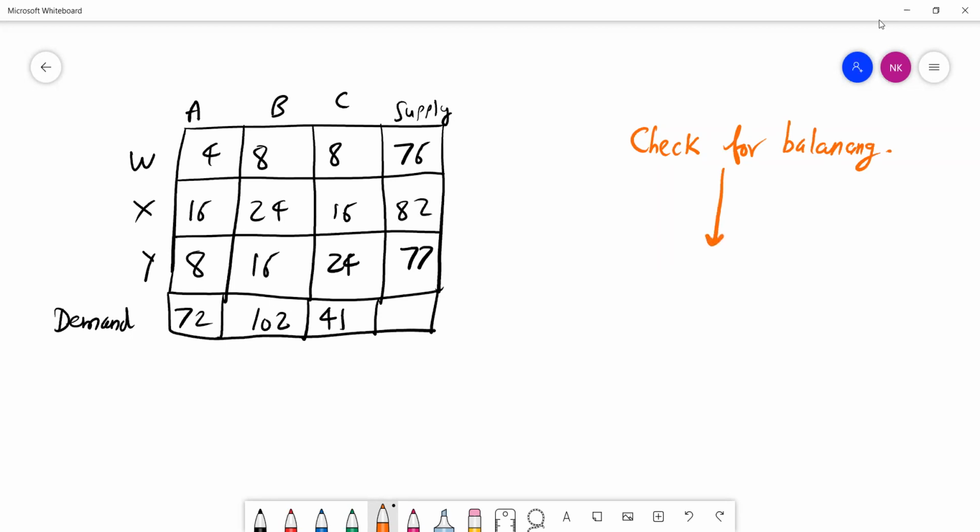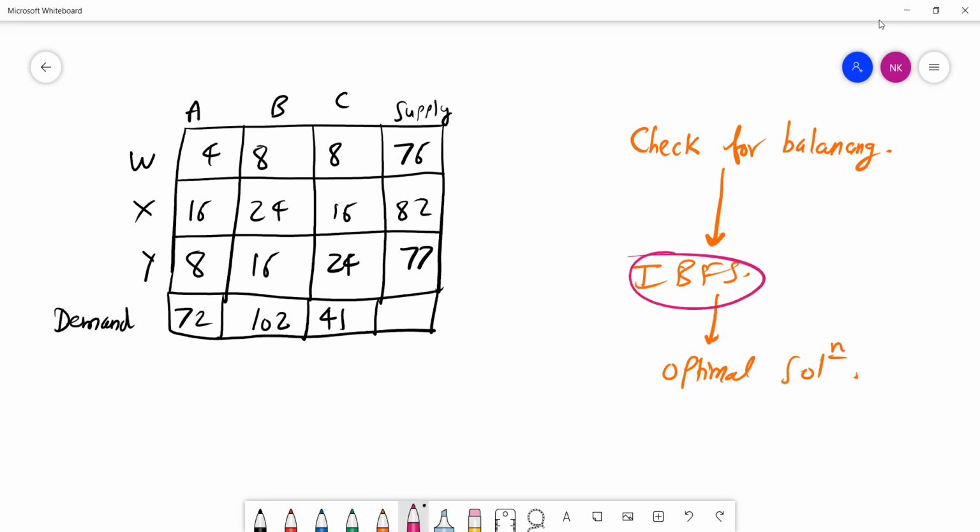The next rule is to find the initial basic feasible solution and then the optimal solution. So this is the flow that you don't need to forget. Whatever method you choose for the initial basic feasible solution, before that you need to check for the balancing. It is the most important thing.